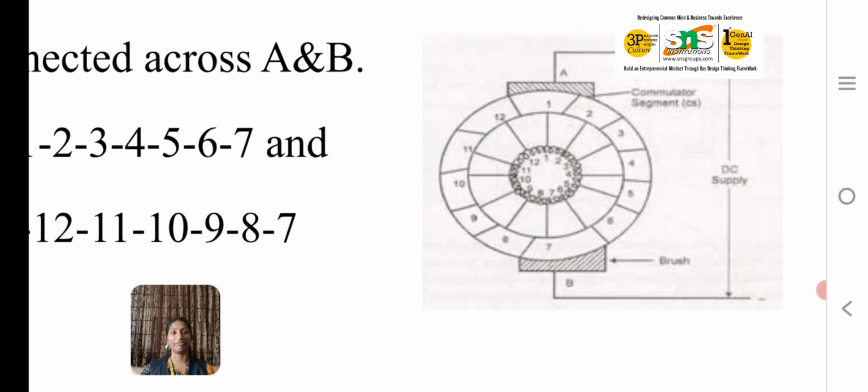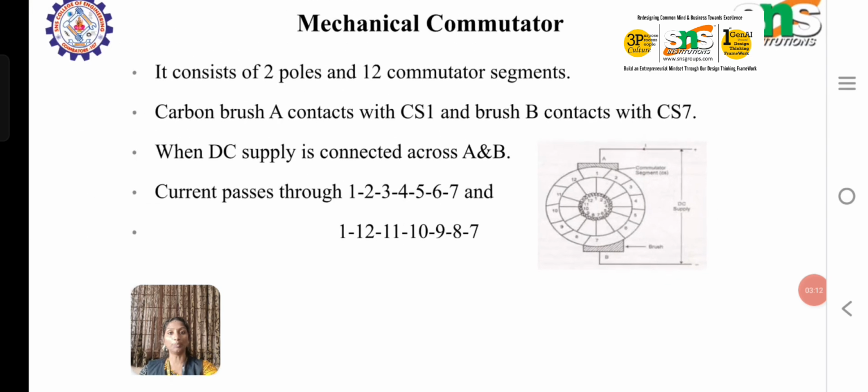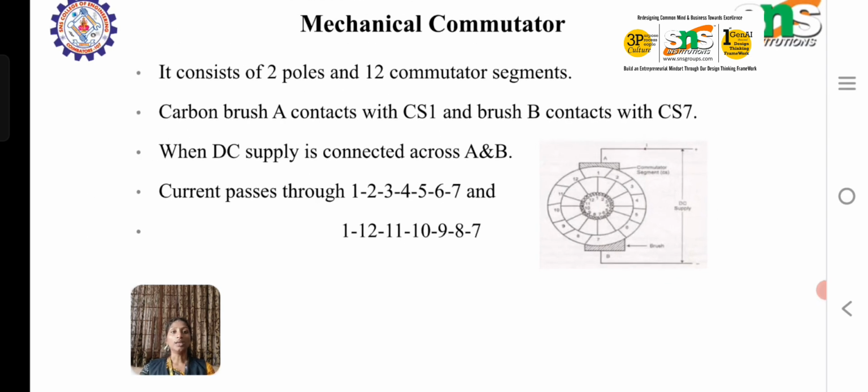So it may go from point 1 to 7, or from 1 to 7 in the counterclockwise way, like 12, 11, 10, 9, 8 and 7. So there are two paths for the flow of current.